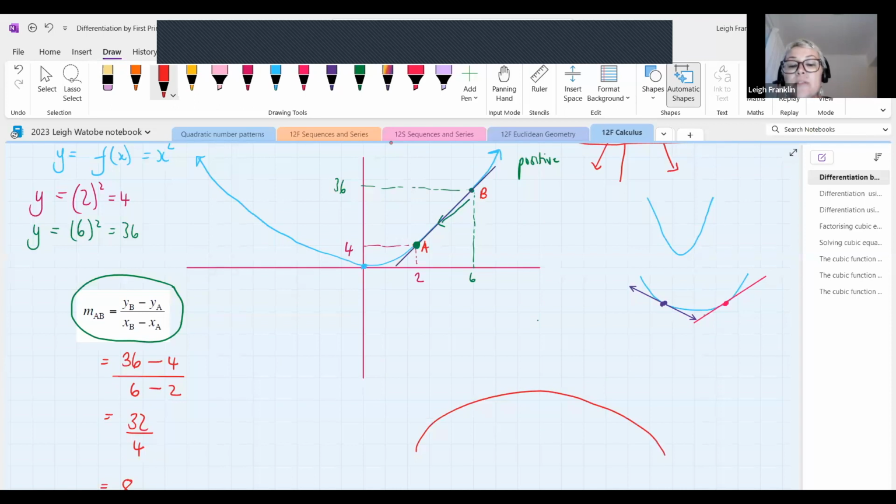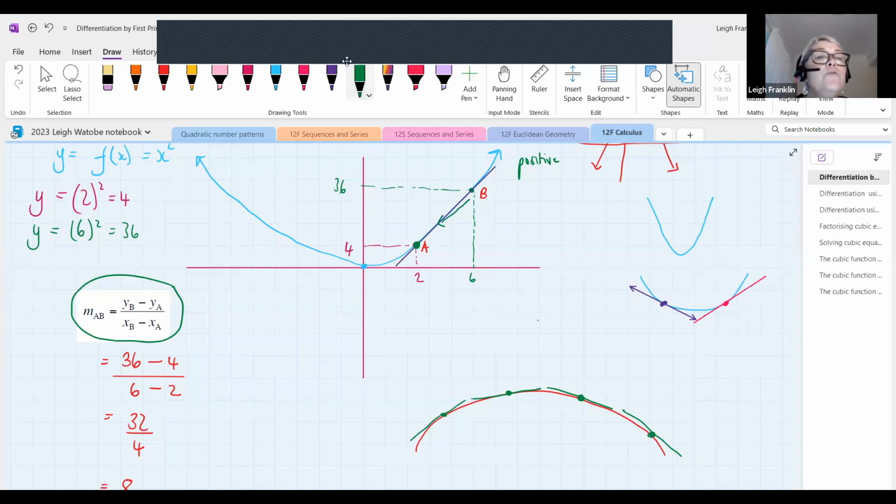It works best if we use something that's very curved like that. So I could draw a tangent to the function there, or there, or there. And at each of these places, the measure of my gradient would end up being different.